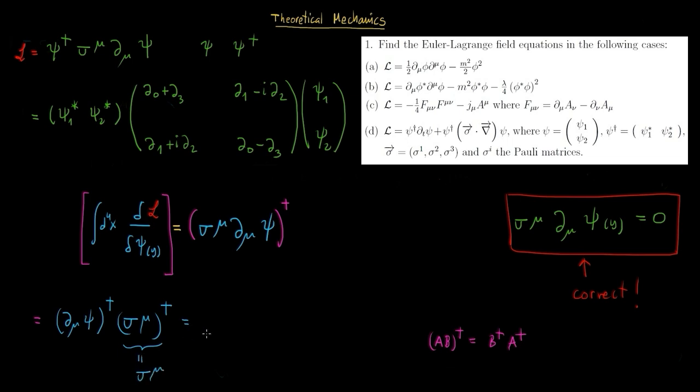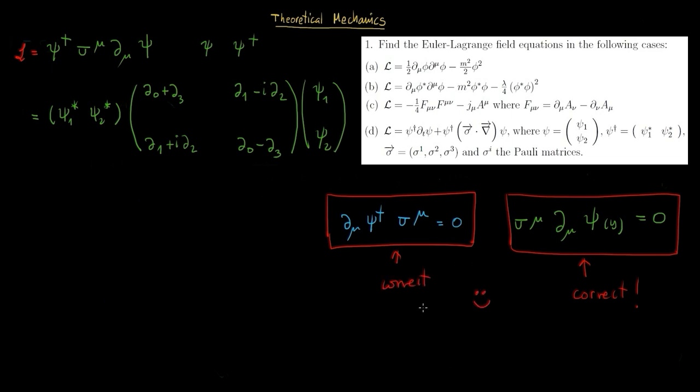So we finally have partial mu psi dagger sigma mu, because the partial derivatives are real in some sense. If we make this equal to 0, we have another equation of motion, and it also turns out to be correct. The funny thing is that this intuition gives us the correct equations of motion.